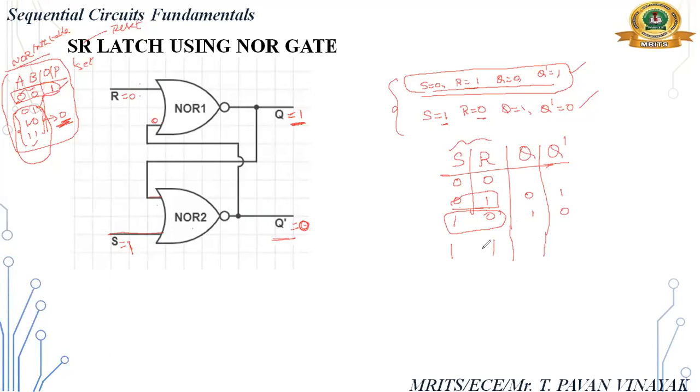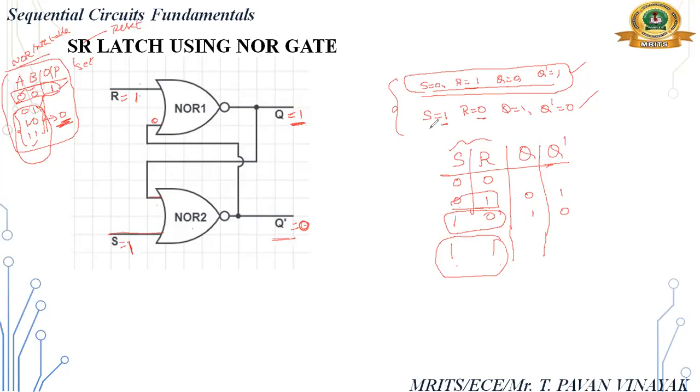Next, I am saying this 1, 1 condition. Now, see, observe. R is equal to 1 and S is equal to 1. So, whenever 1 is there, that NOR gate will act first.